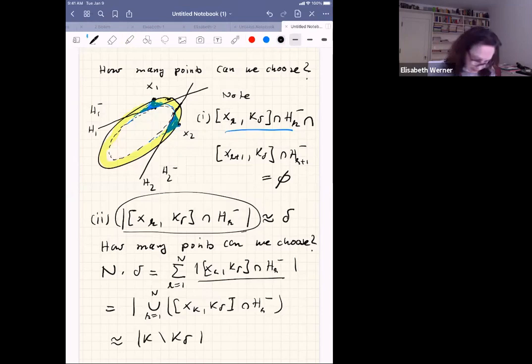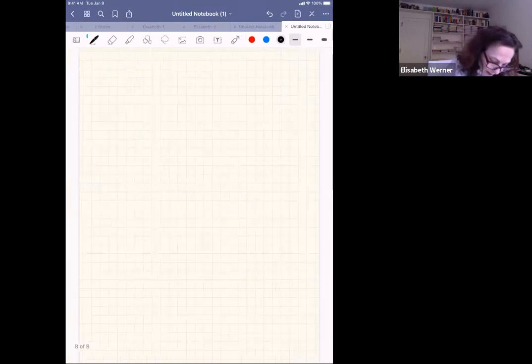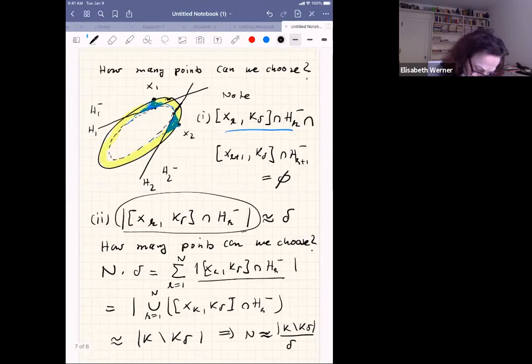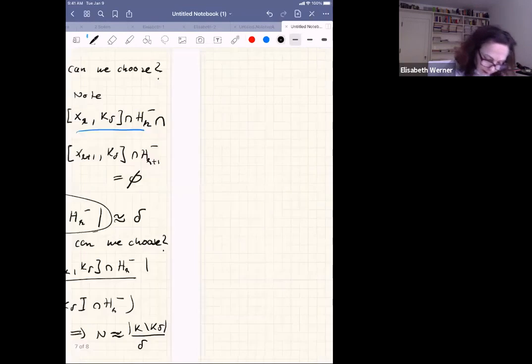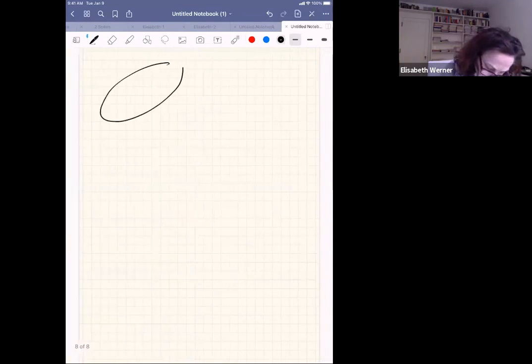So this tells us what our N is, namely N is of the order of the volume of K without K delta, divided by the volume of delta.